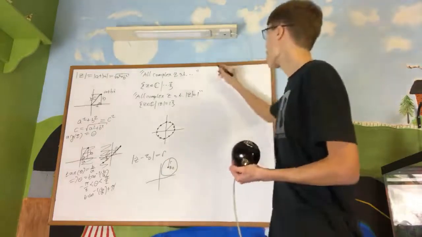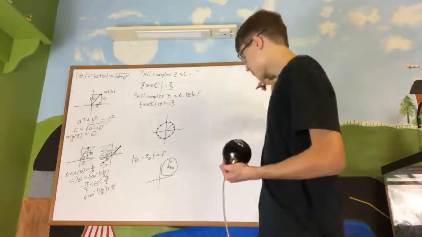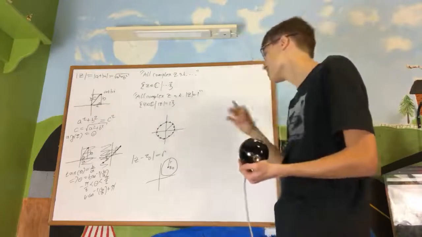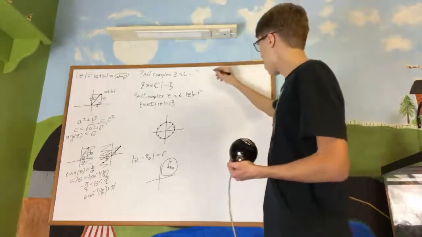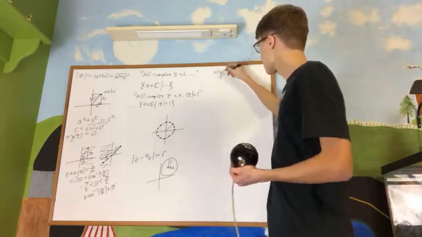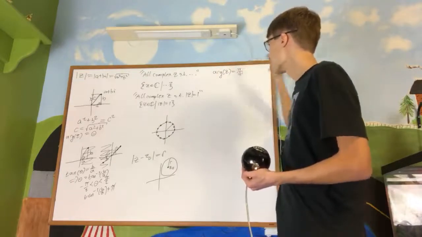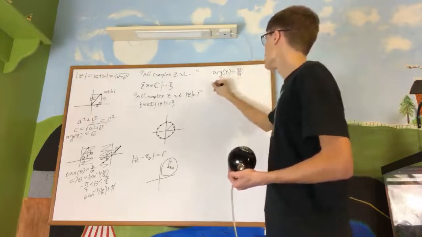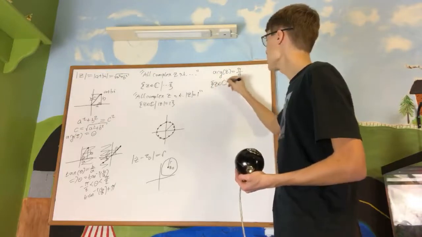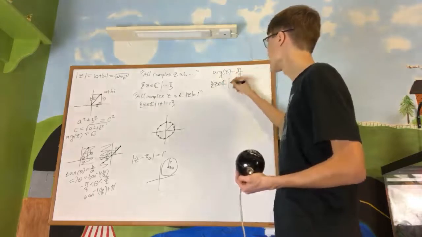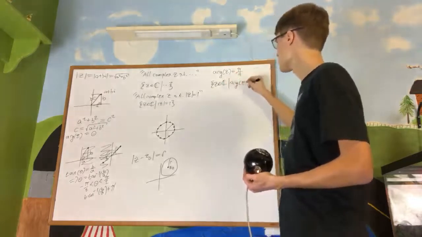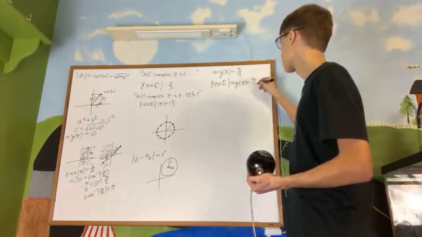And we can do this with argument. Now that's pretty cool. What if we set the argument to a fixed amount? So the argument of z is equal to pi over 4, for instance. The way I'd write this is the set of all z, an element of the complex numbers, such that the argument of z is equal to pi over 4.